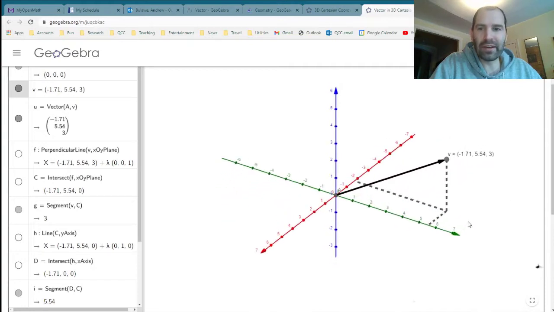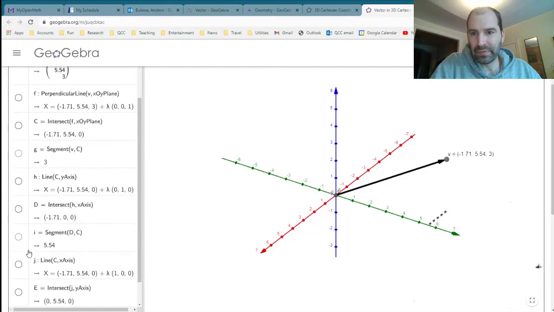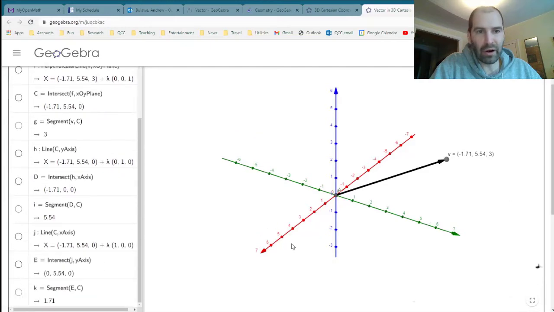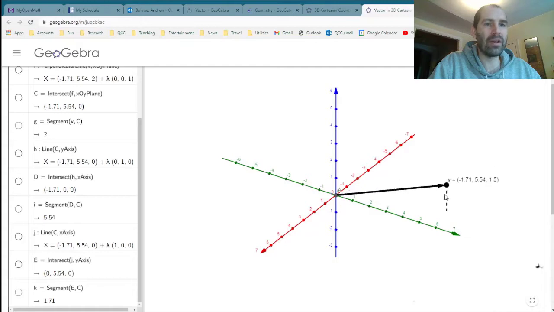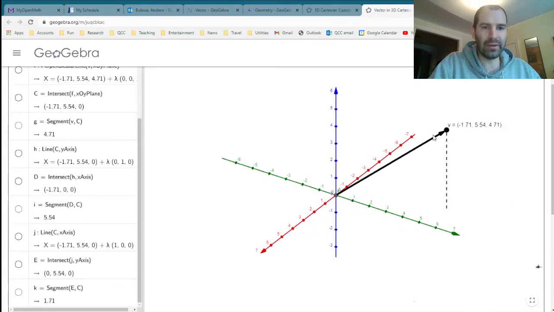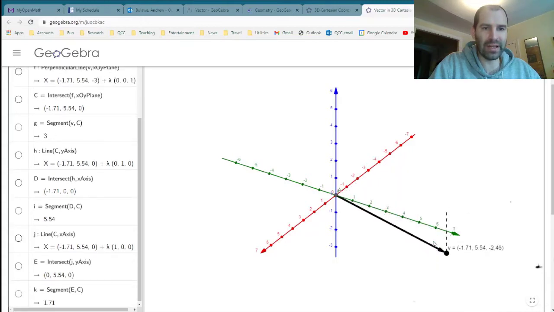One of the things I've done to help identify where that vector is is draw these line segments. If I turn them off, you'll see that it's even harder to see. Where is that pointing? Is that positive z or negative z on that vector? If I move it up or down, I might get some idea. Okay, I can kind of see its z is positive, now it's negative.